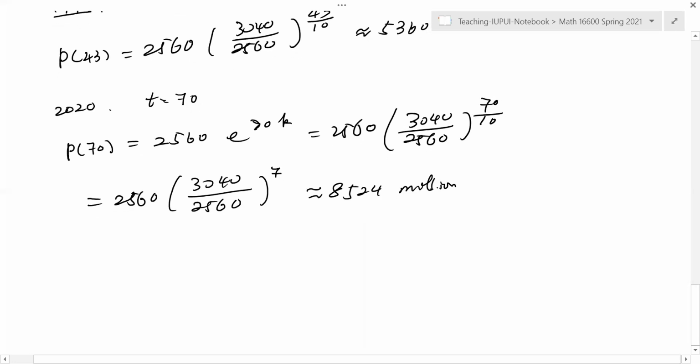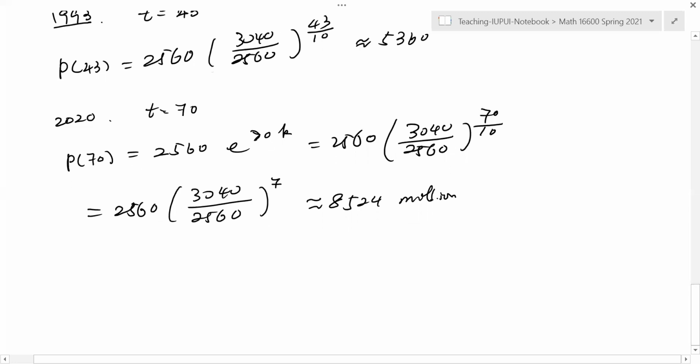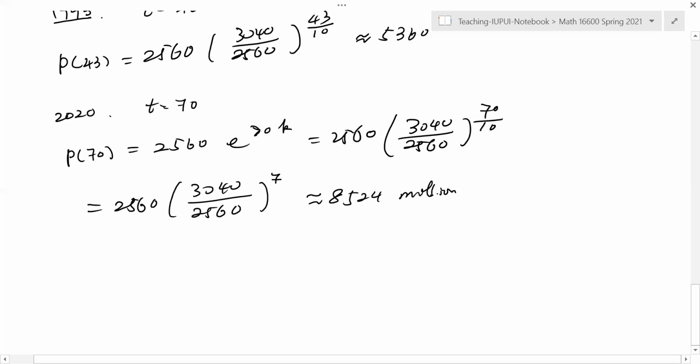All right, so that's about population. We need initial data at least, and another data point for the population. Then you can determine the coefficient and the growth rate K. Then you can predict the population.